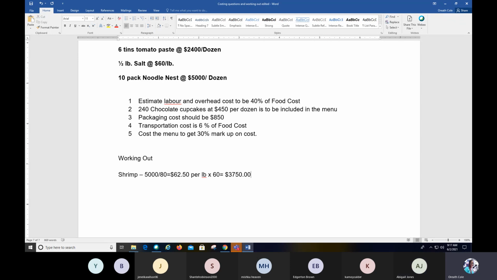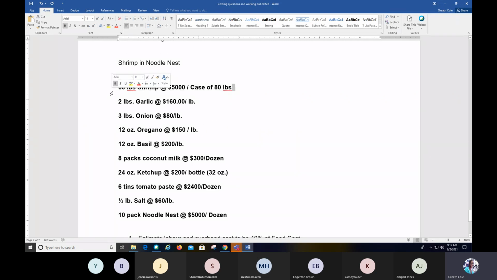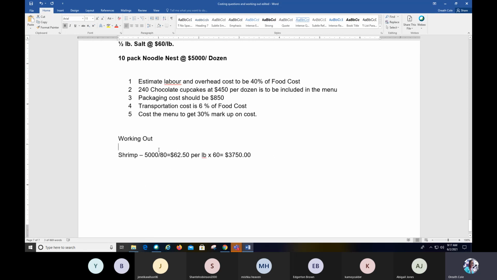Now listen again, everybody. We're looking at what they give us. We know that it is $5,000 for an 80-pound case. What we don't know is how much for the 60 pounds of shrimp. So we have to break down the recipe. We must find out how much for 1 pound first.